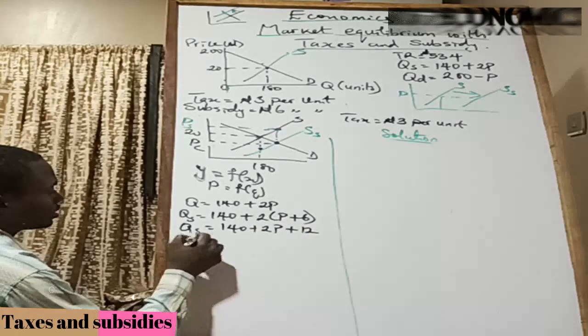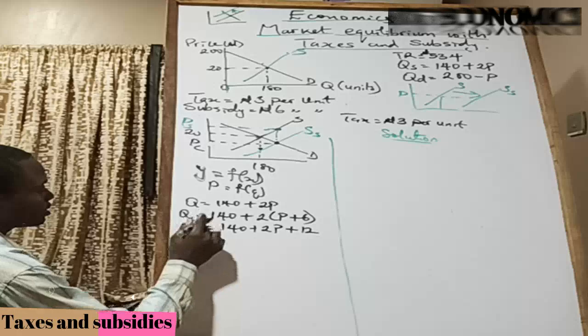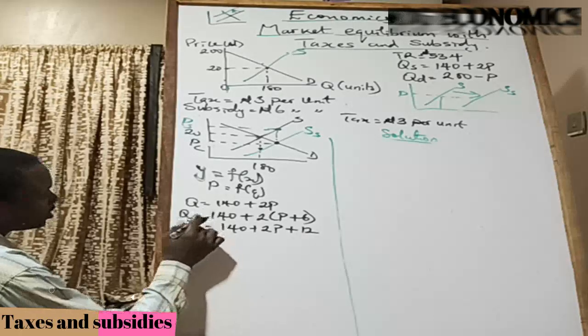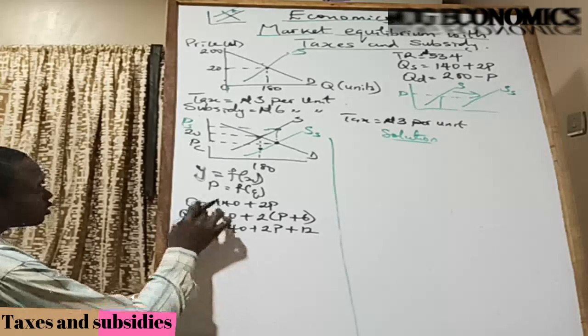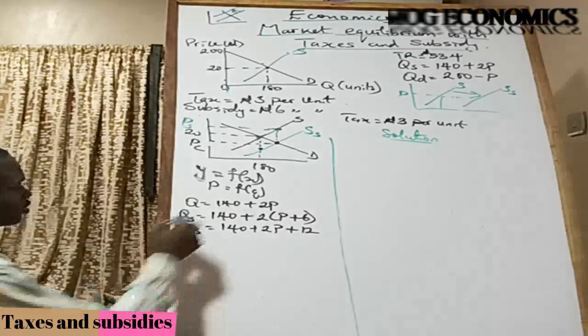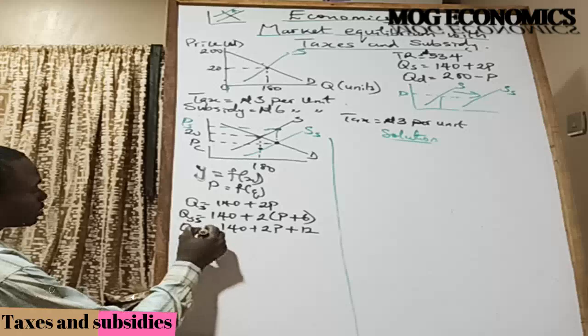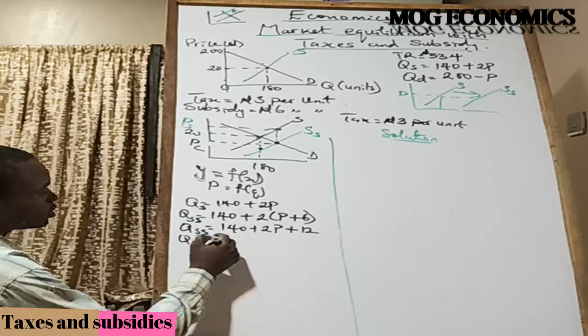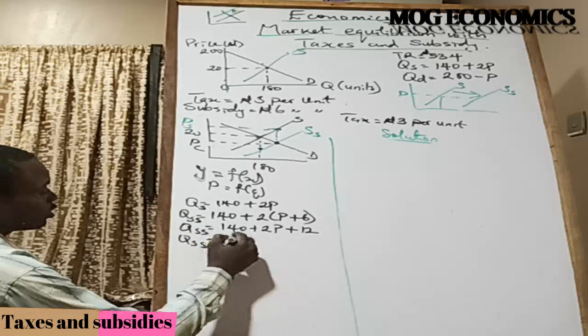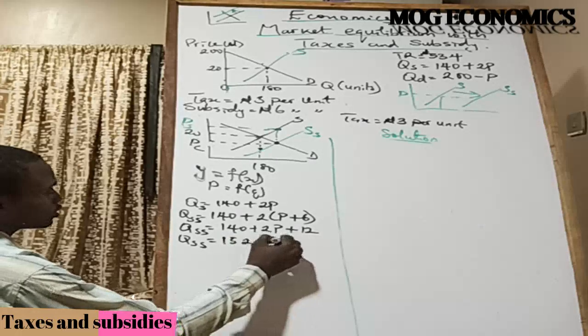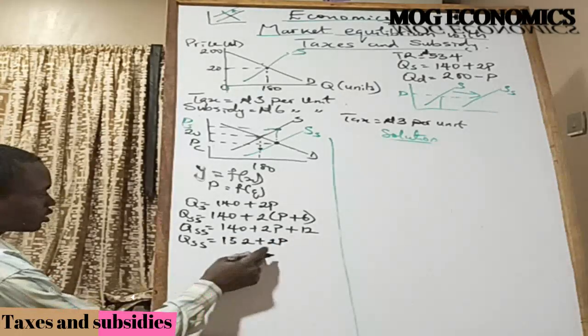Q of subsidy, okay, Q is just normal quantity. So no, QS already is quantity supplied. So let me call it QSS. So this is now equal to 140 plus 12, 152 plus 2P. So we are trying to make P the subject.